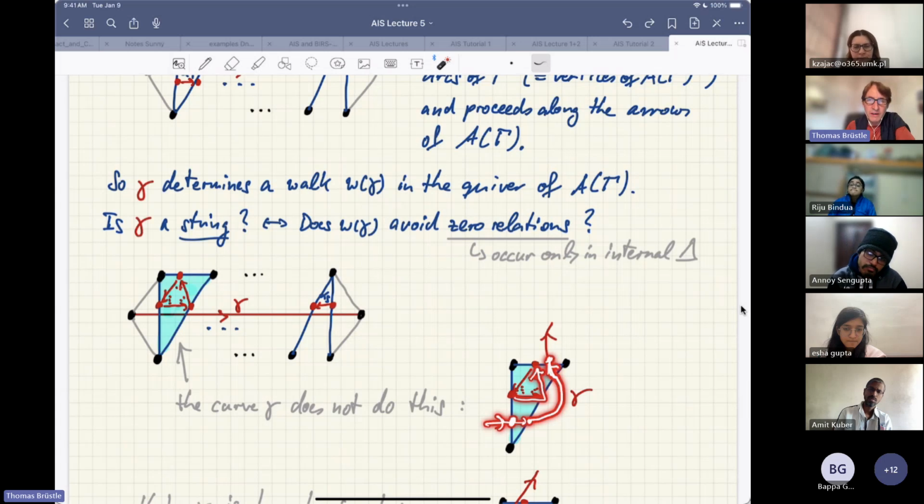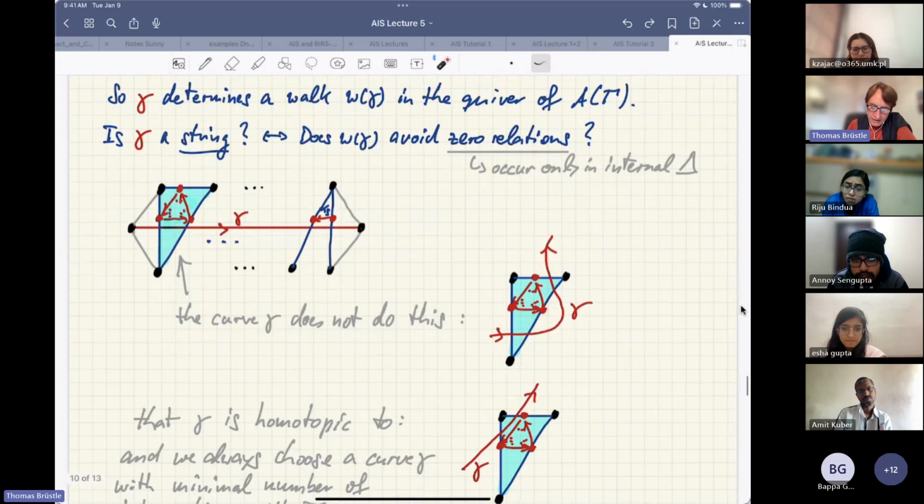If I want to go along that path, my curve gamma would go along like this. However, we don't consider this curve, because I can go right here. I can avoid this path. I can go along that arrow in the reverse direction.